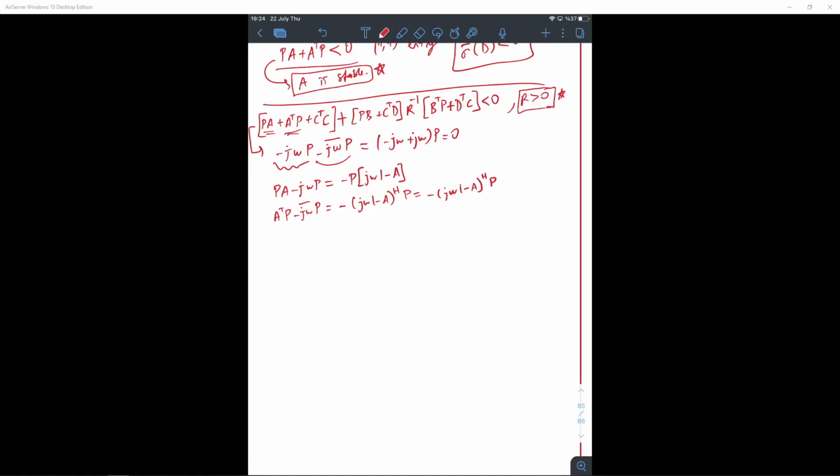So instead of PA, we are going to write minus P times j omega identity minus A, minus j omega identity minus A Hermitian times P, plus C transpose C plus PB plus C transpose D R inverse B transpose P plus D transpose C. Okay, we just substitute PA with this term and A transpose P with this term.